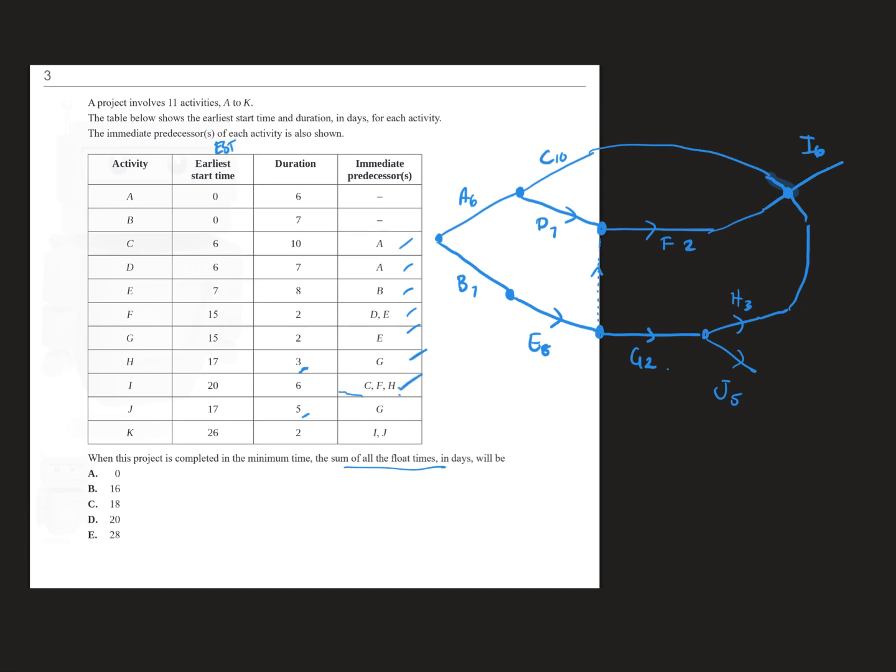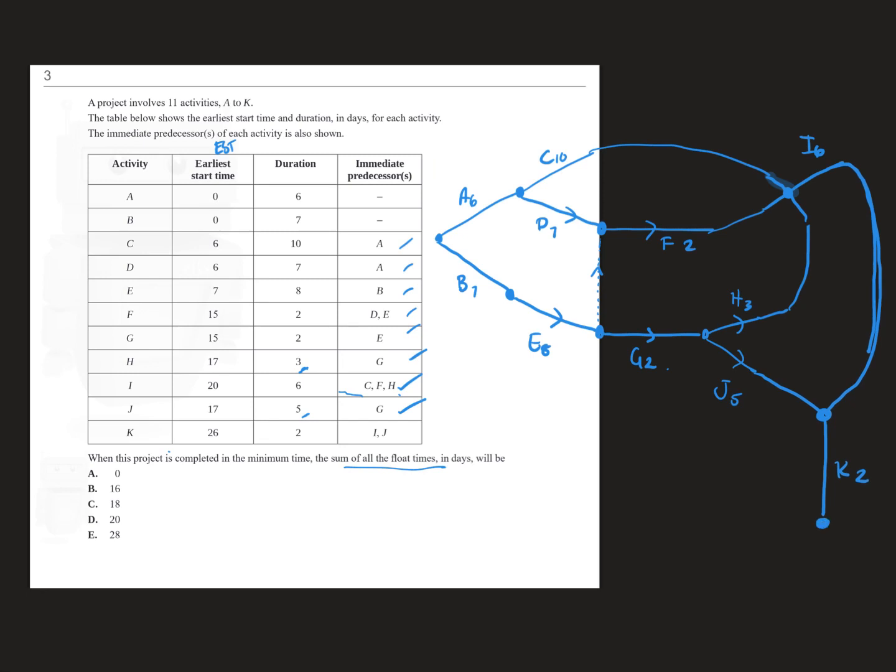I is 6, so I've done that. We did J coming out of G, and then J and I are predecessors of K. So I've looped it around. It's getting a bit dodgy, but anyway, it doesn't matter. And then here we've got K, and K takes 2, and then we're at the finish.